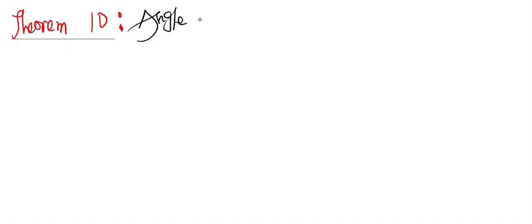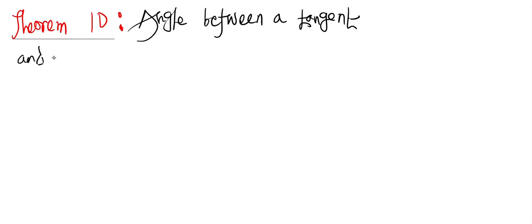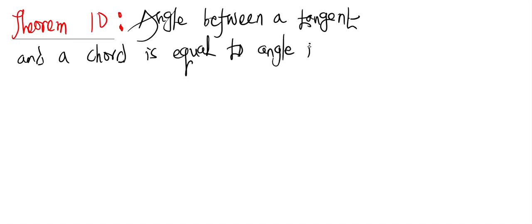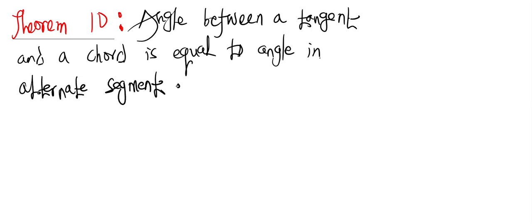Angle between a tangent and a chord is equal to angle in alternate segments.